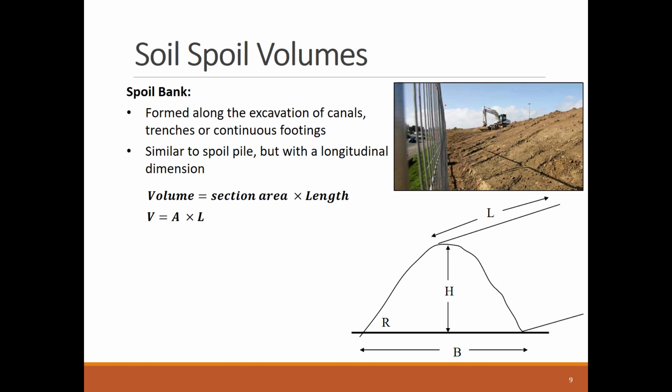The spoil bank has two other dimensions, the spoil height, h, and width, b. As such, the volume equals the triangular cross-sectional area of the bank, half times b times h, multiplied by the bank length.